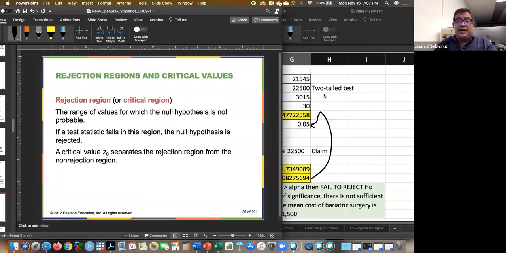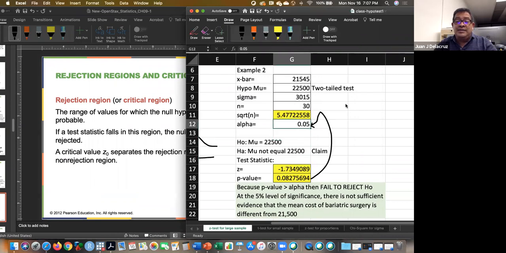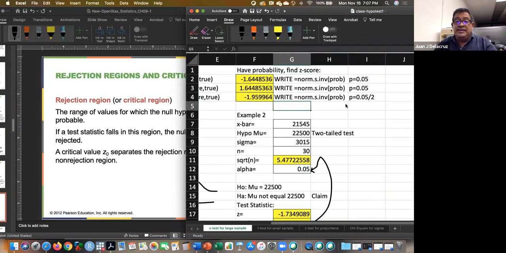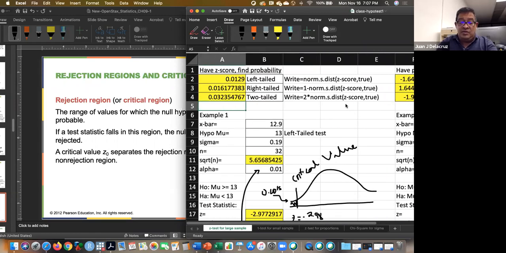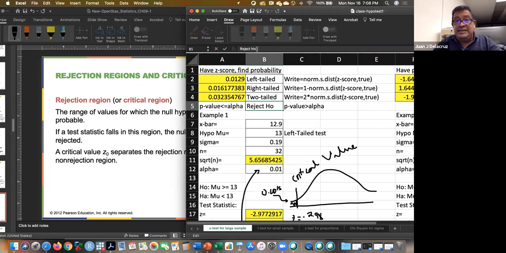So one avenue here is to use rule number 1, where if the p-value is less than or equal to alpha, reject H0. Or if the p-value is greater than alpha, fail to reject H0.